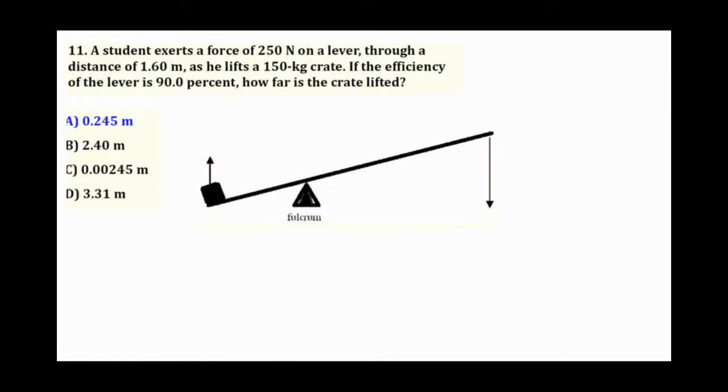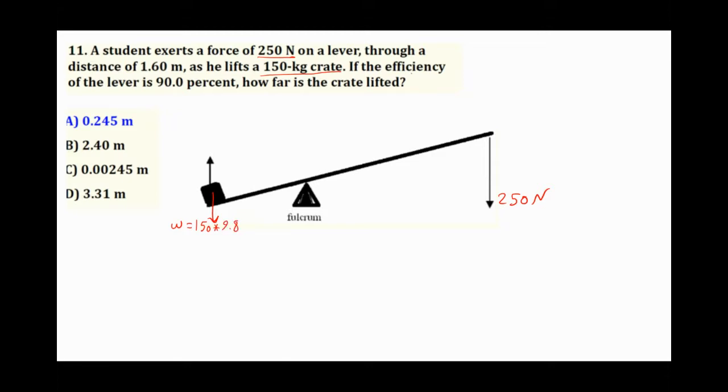Let's try to solve this one. A student exerts a force of 250 Newton on a lever, through a distance of 1.6 meter, as he lifts a 150 kilogram crate. This is a mass of 150 kilogram. So the weight equals what? 150 times 9.8.